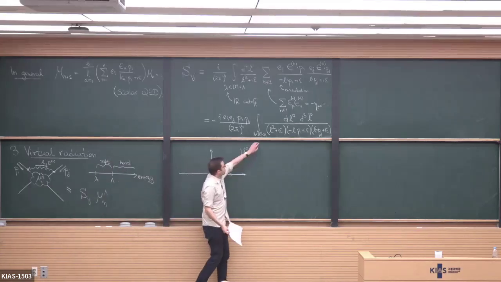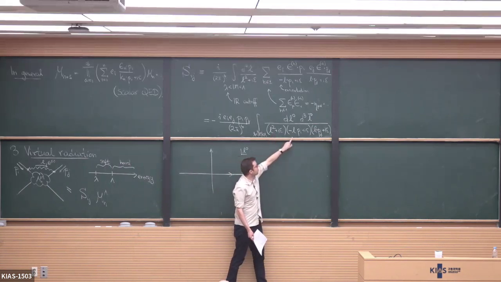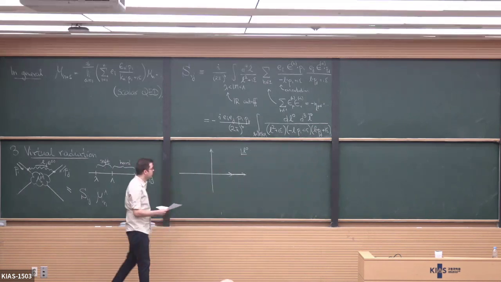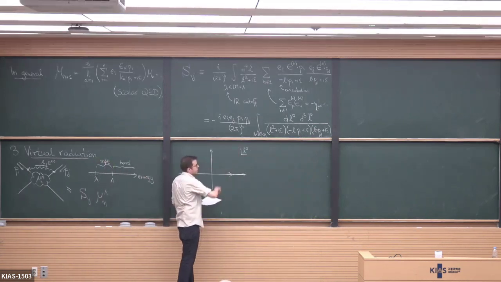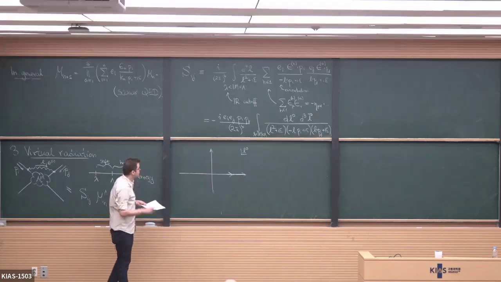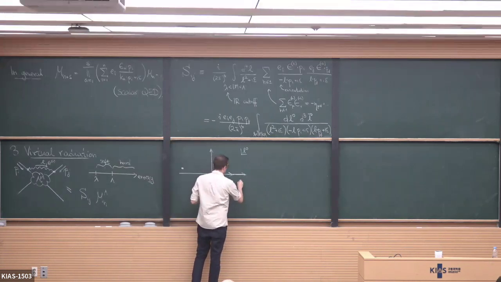Now it's obvious that the integrand here has some singularities. There are two singularities corresponding to this factor, one from here and one from here. So there's going to be 4 poles in general. Now it's very important that we keep track of all the factors of i epsilon, because they tell us important lessons about how these poles are being displaced.